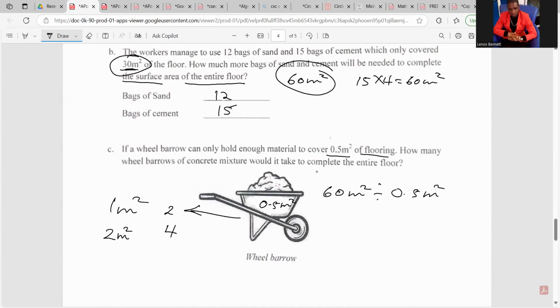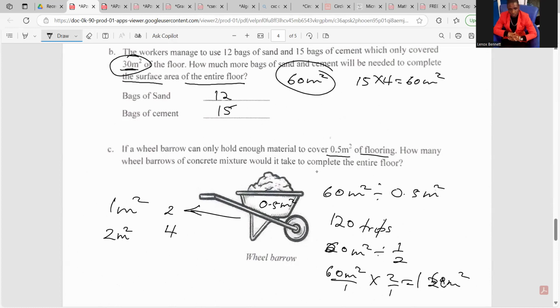So we double the 60 to give us 120. Or another way you could look at it is 60 meters divided by a half, since 0.5 is the same as a half. So 60 over 1 times 2 over 1 will give us 120.